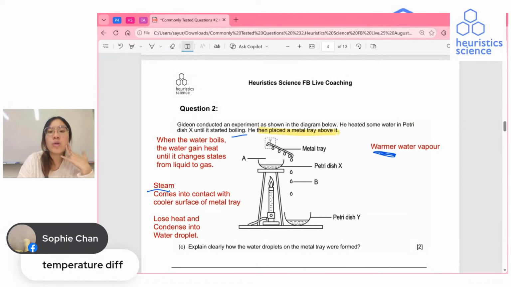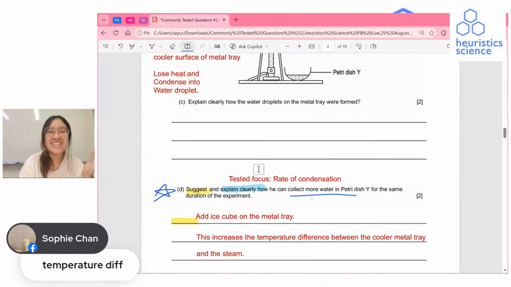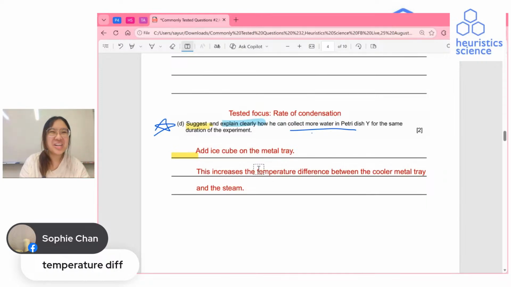At first, you have a room temperature metal tray, which is 30 degrees Celsius, versus 100 degrees Celsius, so the temperature difference is 70. But if you were to add ice and the ice melts and gets the tray cold, you expect that your tray is closer to 0 degrees Celsius. So 100 minus 0 is 100. The temperature difference suddenly is 100 degrees, whereas just now the temperature difference was only 70 degrees Celsius.